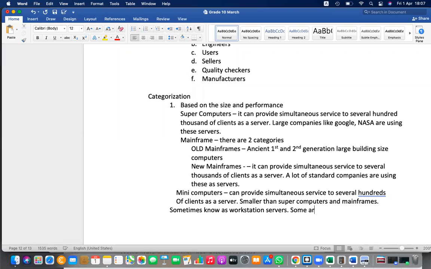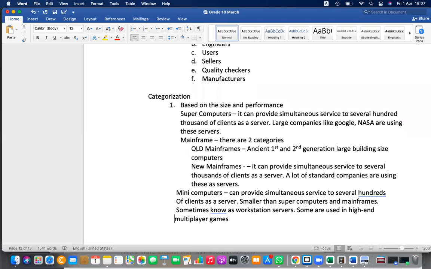Some are used in high-end, powerful multiplayer games, right? So those are the mini computers.